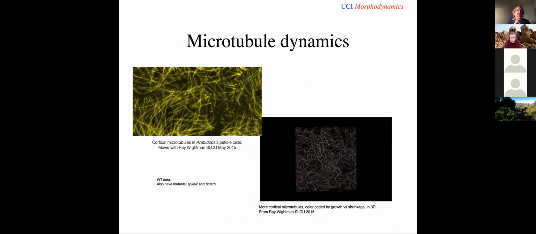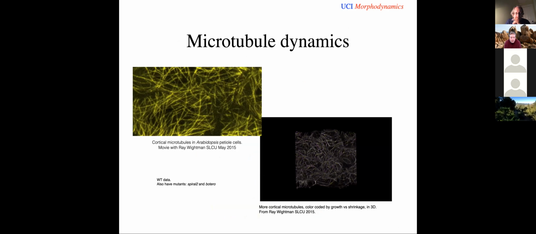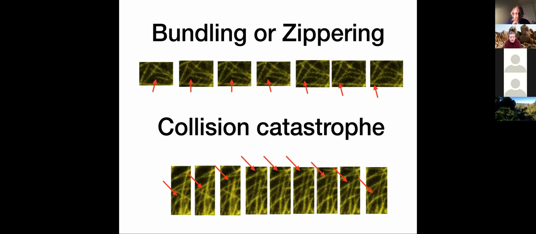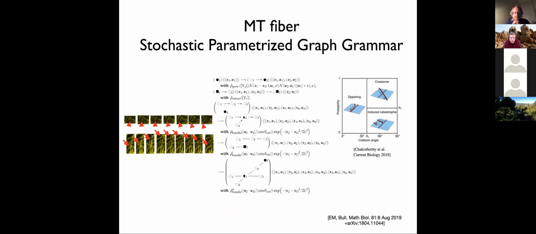And if we zoom in on this movie a bit, then you can see at the top row collision of microtubules followed by joining up, bundling or zippering. And at the bottom, collision followed by catastrophic depolymerization, catastrophe. And those are both possible outcomes of what happens when one microtubule runs into another. And a third one is that they can cross over.